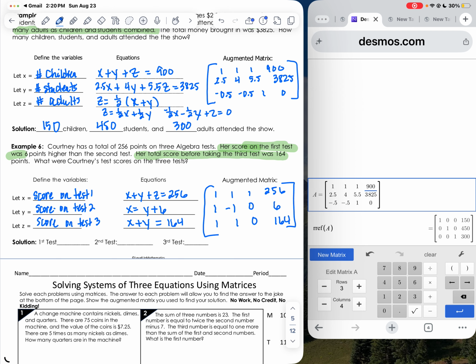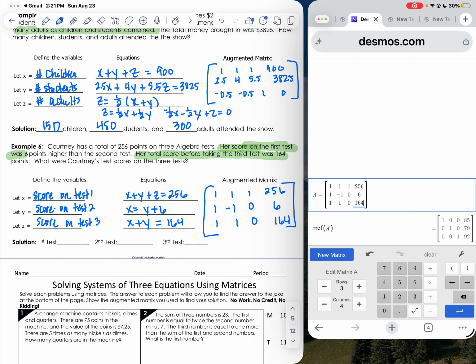All right, now I'm going to edit matrix 1 because 1, 1, 1, and I want this first row to be 256, side arrow. 1, negative 1, 0, and 6. Bottom row was 1, 1, 0, 164.